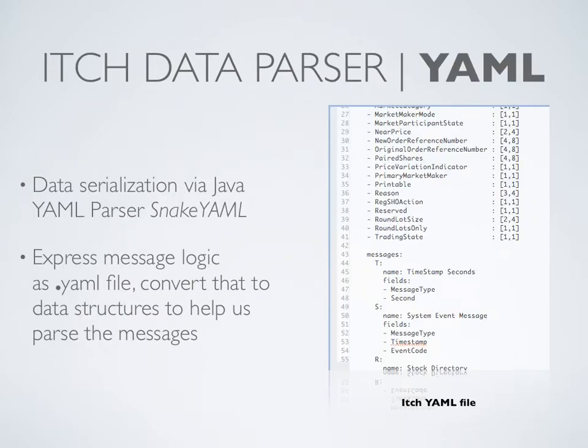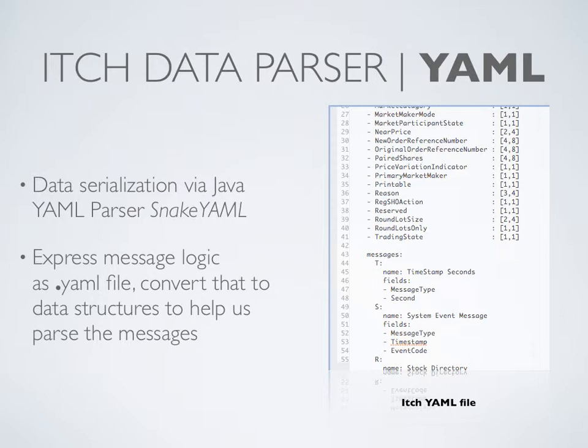In order to replicate this data feed, I had to use this binary file, parse it, and then produce the trading messages. To do that, I had to build an entirely different tool, an ITCH data parser, just my own library. Within that, I used YAML, a data serialization format, with a Java library called SnakeYAML.